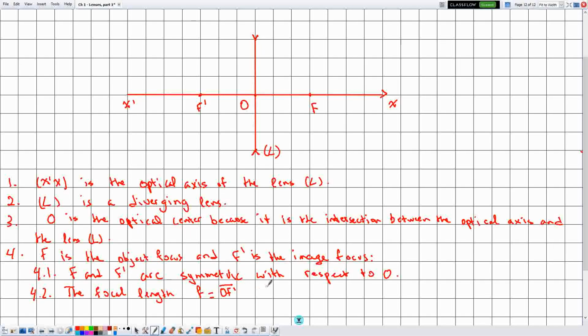The definition of the focal length doesn't change and is independent of the nature of the lens, is the distance from the optical center to the image focus f prime.